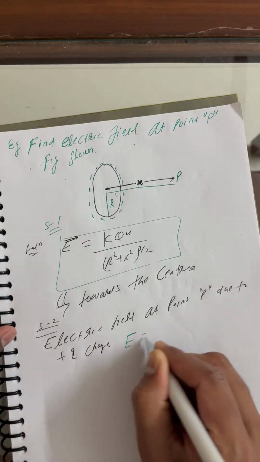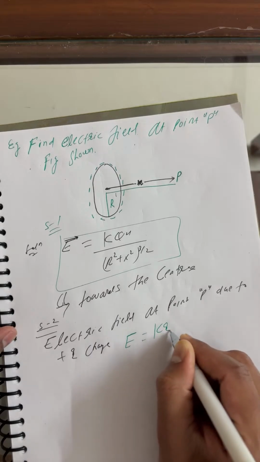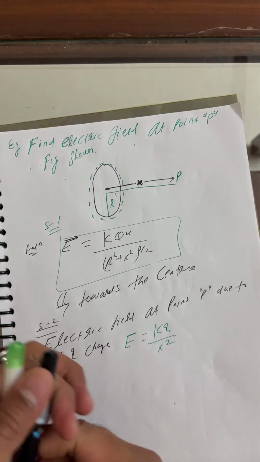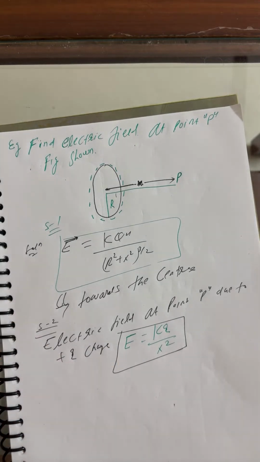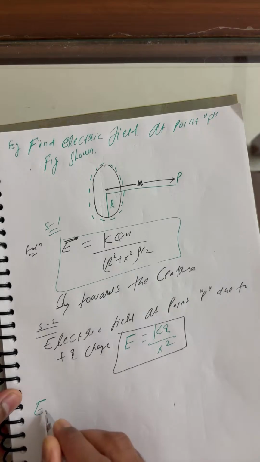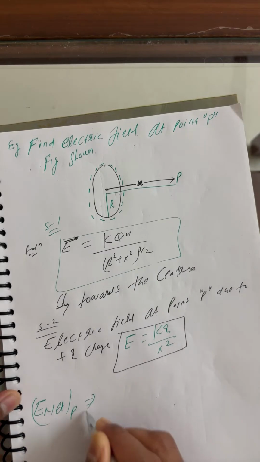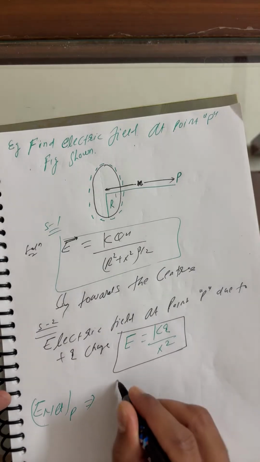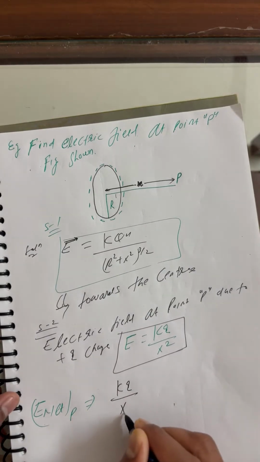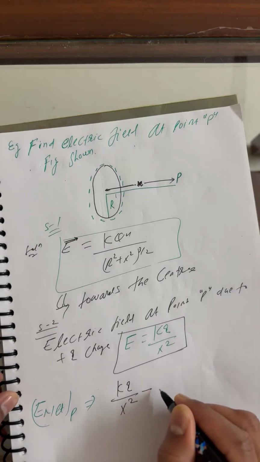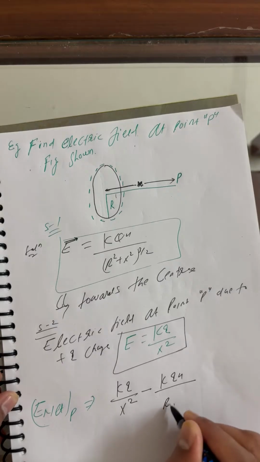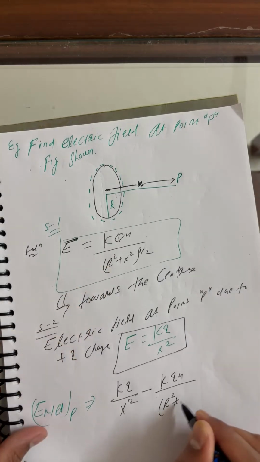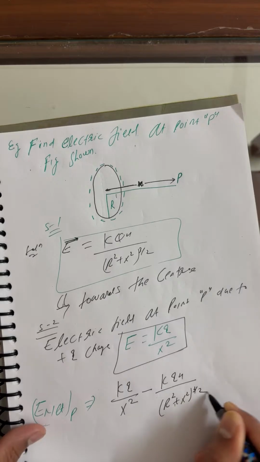Electric field due to a point charge is K Q by X square. We wish to find the net electric field at point P. This is K Q by X square minus K Q X upon R square plus X square power 3 by 2.